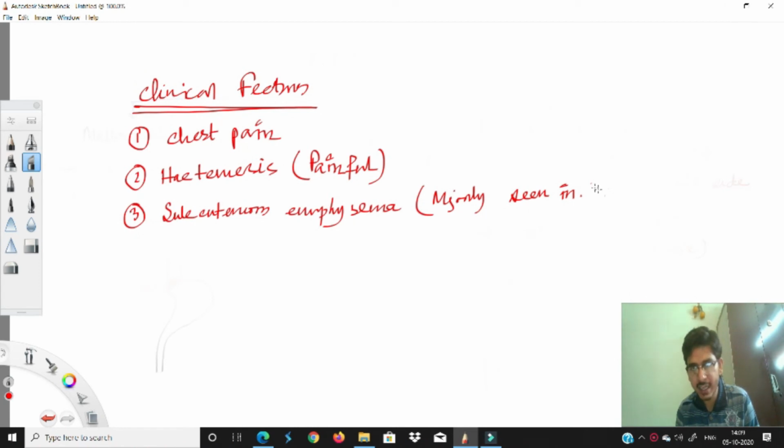This is the identical feature of Boerhaave syndrome.